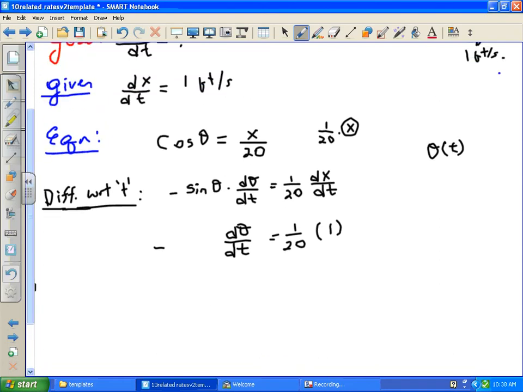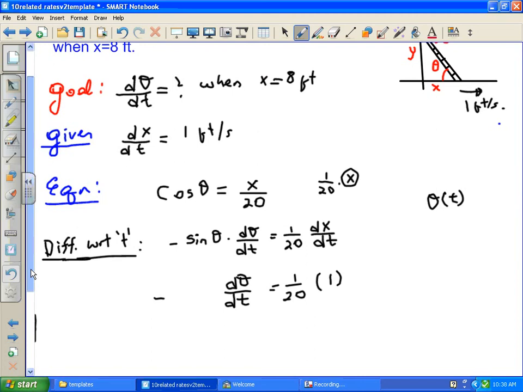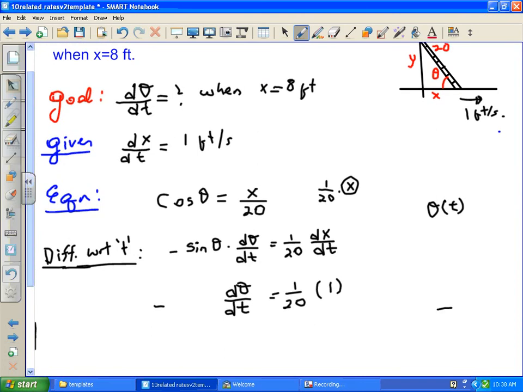Let me draw it down here. I need to know sine of theta. So this side is 8. This side is 20. And didn't we already know what y was from the previous work that we did? What was this? Root 336, right?